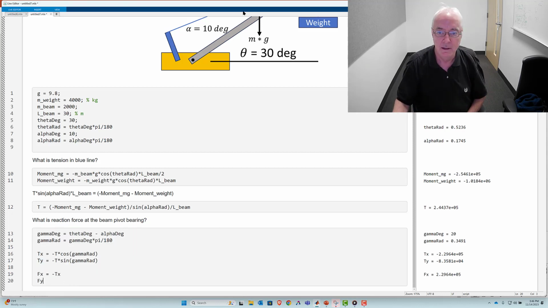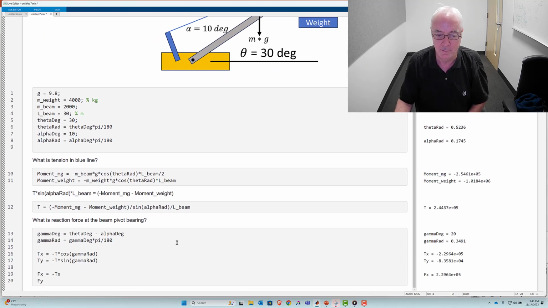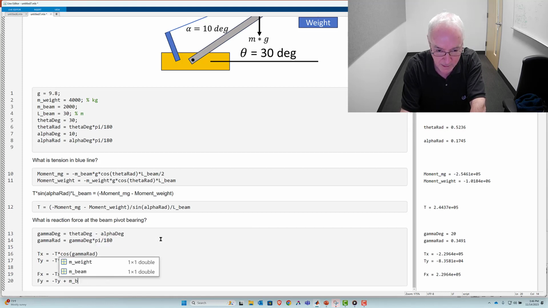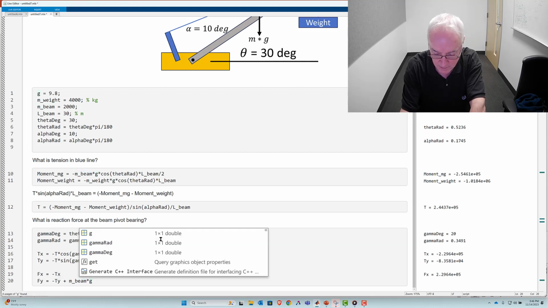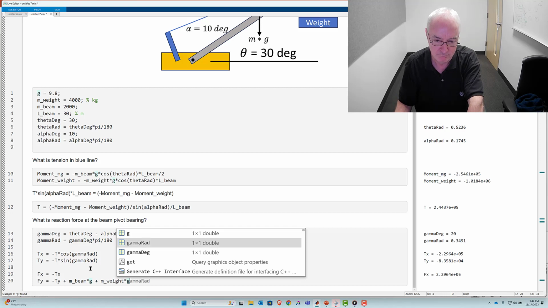This could basically be F minus mg minus weight minus the y component of T equal to 0, and therefore we can do that math and we'll get minus Ty plus, probably should have created the force variables but I didn't, so let's just do it, M being times G plus M weight times G. I think I got it.